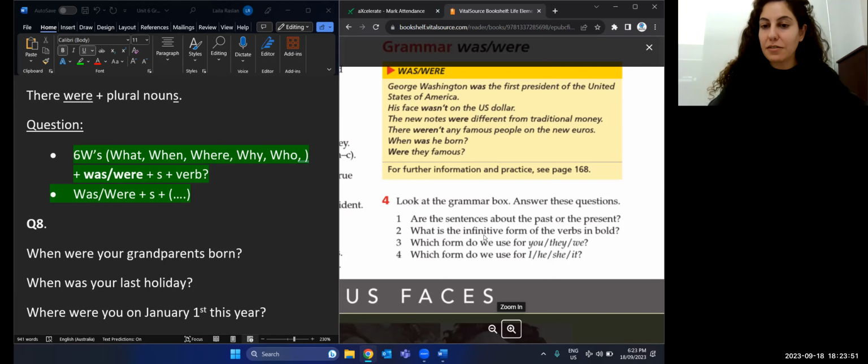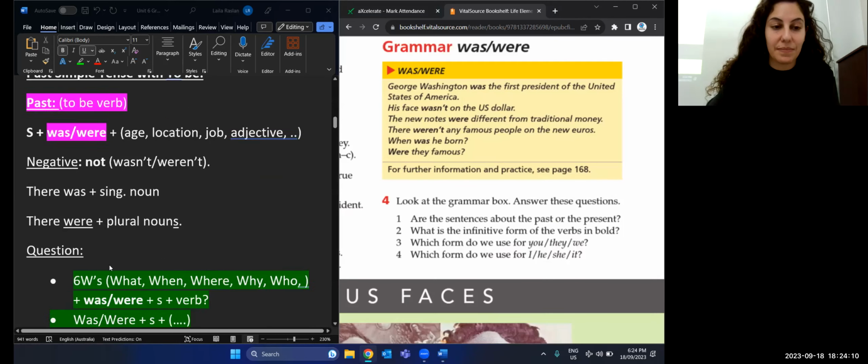So remember, the infinitive form means the verb that we haven't changed. So was or were, from what verb does it come from? The original, like means almost like the original form. So what is the original form of the verb was or were? To be. Yep, to be.